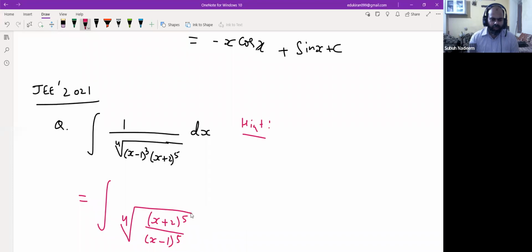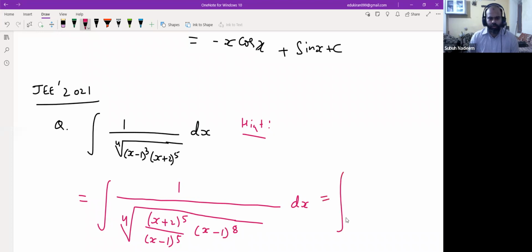Now, if you do this, what will happen? This is in the denominator. In order to compensate, you have to make here x minus 1 to the power 8, because 8 minus 5 will be 3. So this will be x minus 1 to the power 8 when you take it from the fourth root outside.